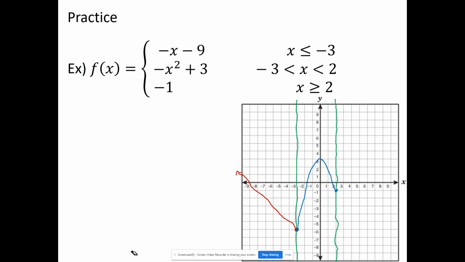Okay, and the last function I'm going to use, I'll use purple, right? All right, so last function is f of x equals -1. And the restriction on the domain is going to be x is greater than or equal to 2, right? So my function f of x equals -1, if you are well versed in graphing, you would know that that's going to be a horizontal line at y equals -1.